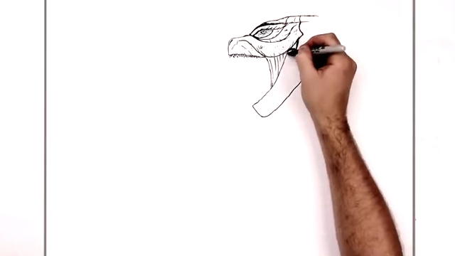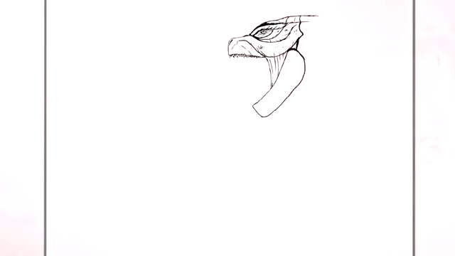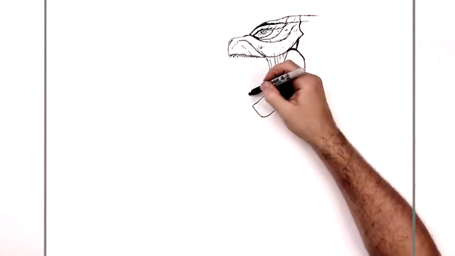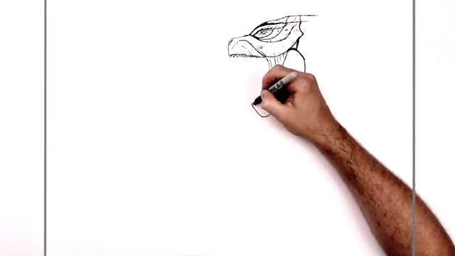Smooth up some of these lines. Right, so then his teeth along the bottom, so we've got lots of small teeth again.